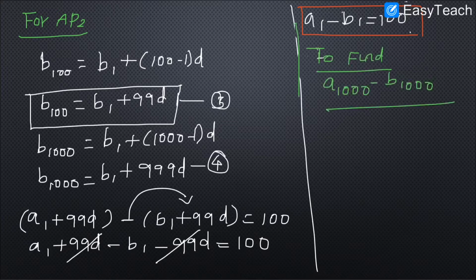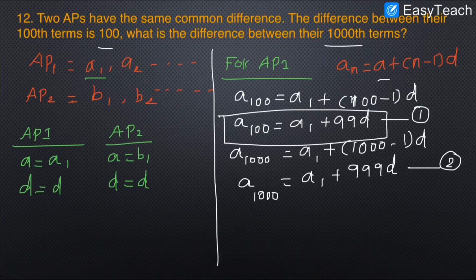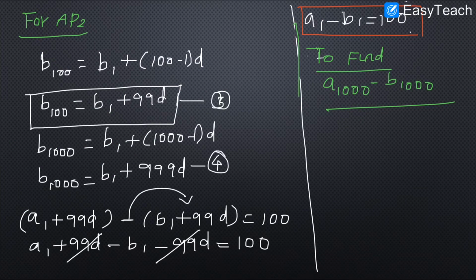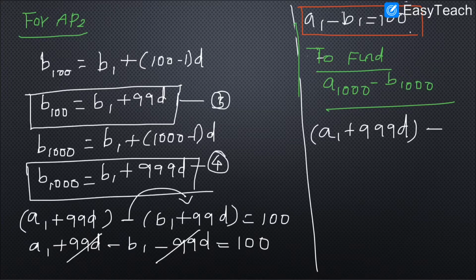What is the 1000th term? A1000 equals A1 plus 999D. Minus the B1000th term, which is B1 plus 999D.